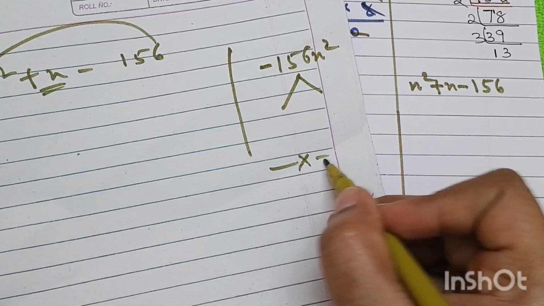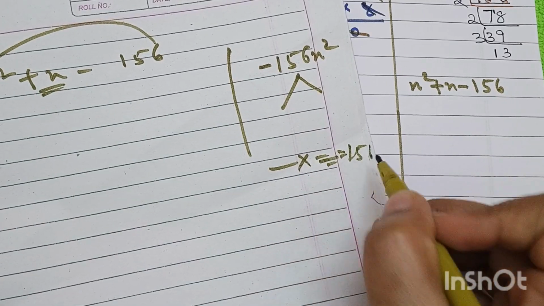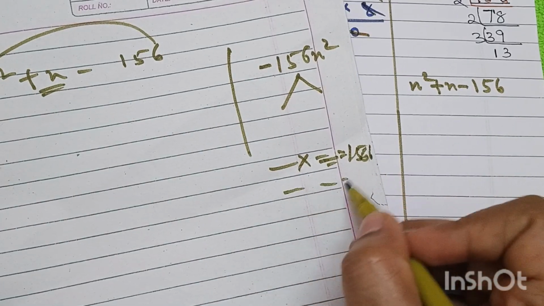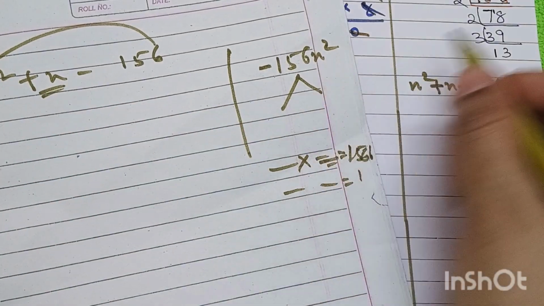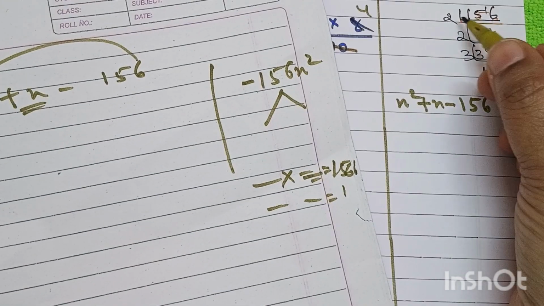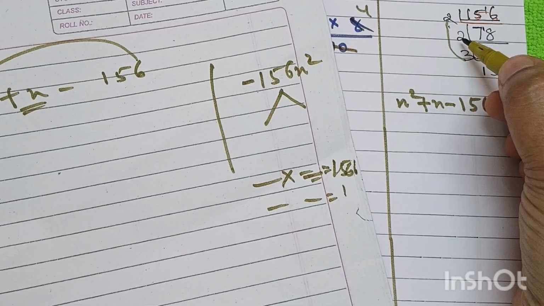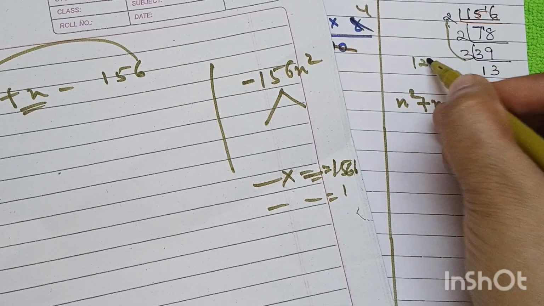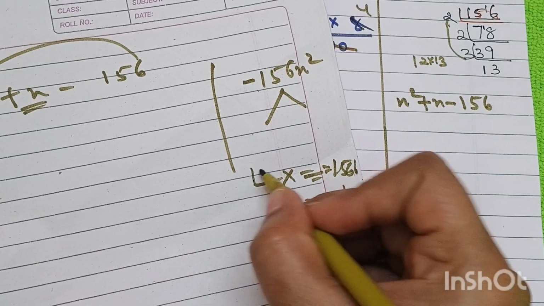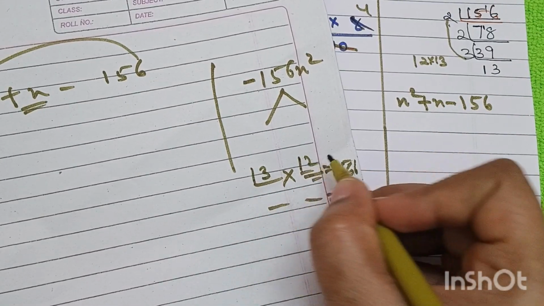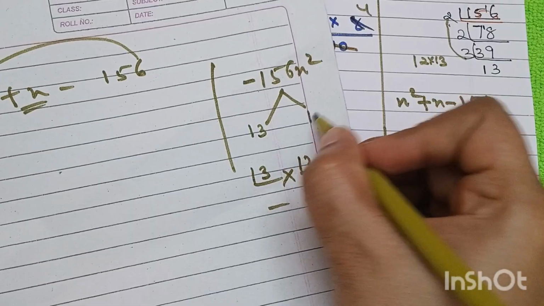Multiplication we have to get 156, and addition or subtraction we have to get 1. Which number? I factorize: 2 2s are 4, 4 3s are 12. So 12 into 13 is 156. We can take 12 into 13 or 13 into 12. So I'll write here 13 and 12.